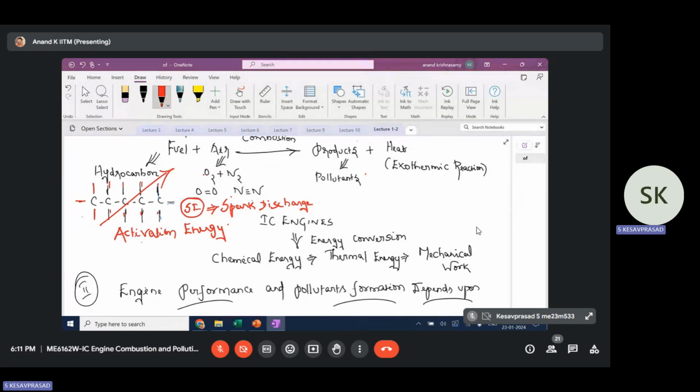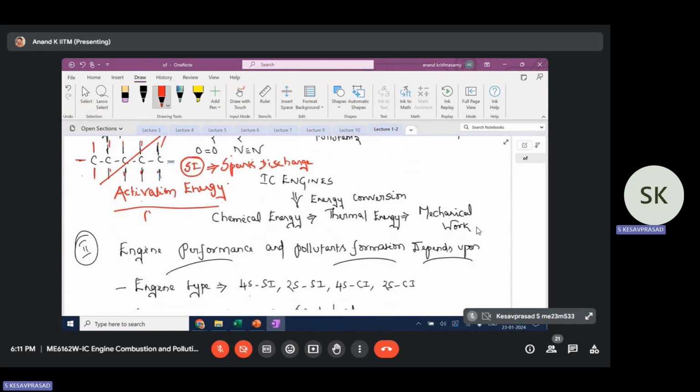When you discharge a high voltage electric spark, you are providing sufficient activation energy or thermal energy to form radicals from this stable molecular structure. So radicals are formed because of this, and the combustion event will get initiated. There is a radical formation which initiates the combustion process.